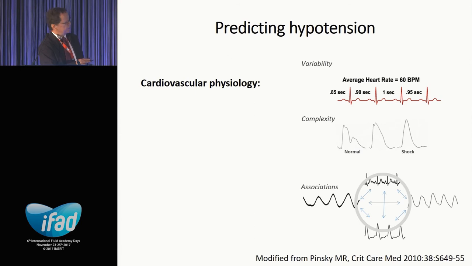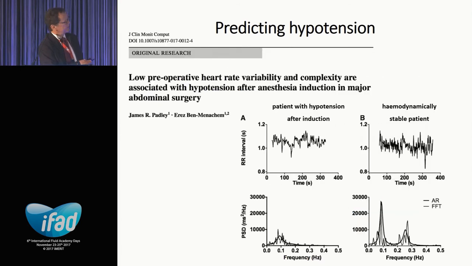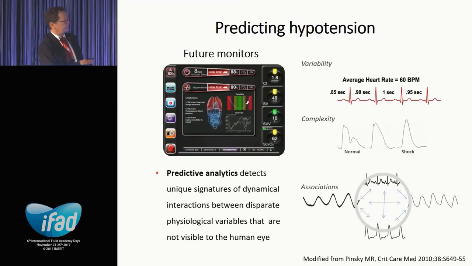And the third aspect, which is used in this prediction of hypotension, is associations between different variables which all are interrelated. So this is complex mathematics, and this is just showing again the variability of heart rate, which is great or large in normal patients, but if these patients get hypotensive, this variability decreases, as you can see here in the fast Fourier transformation information.